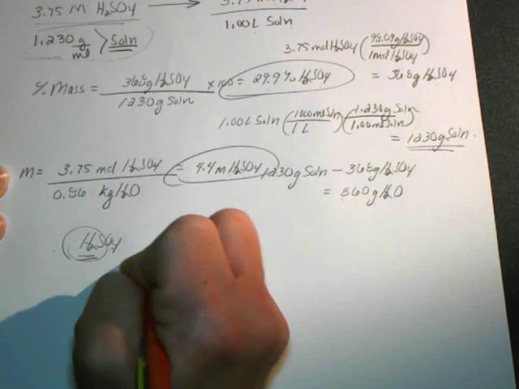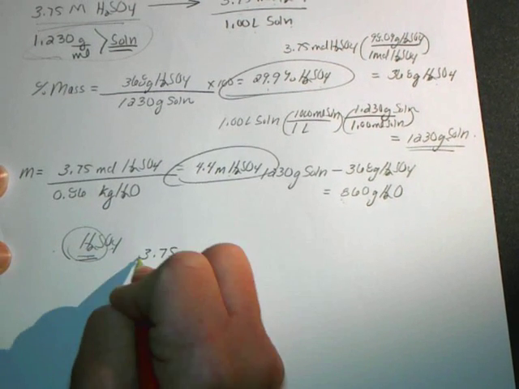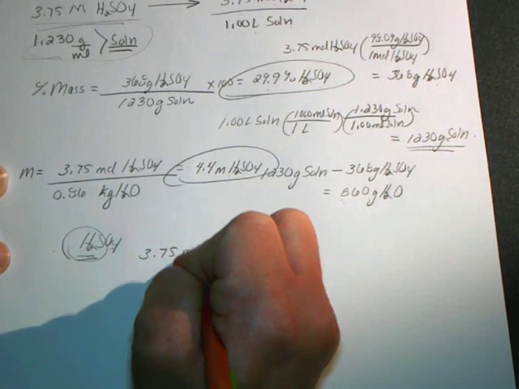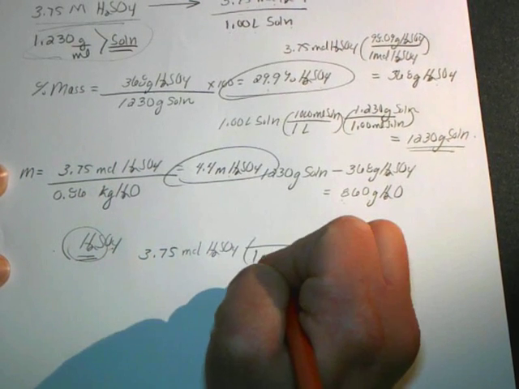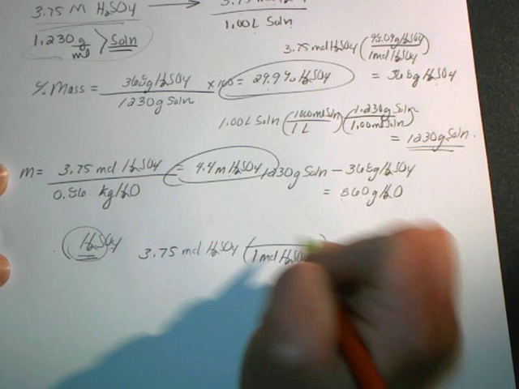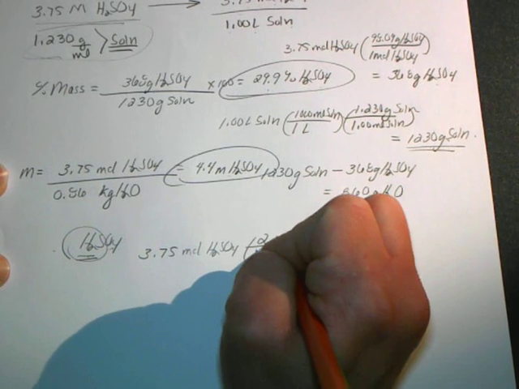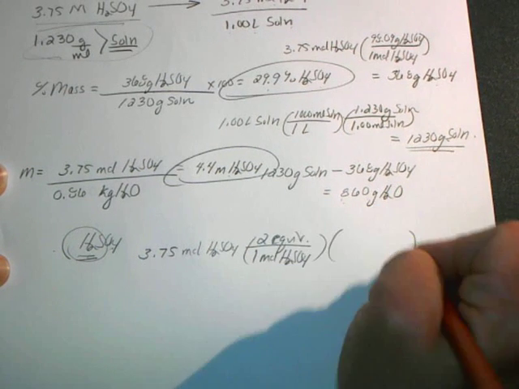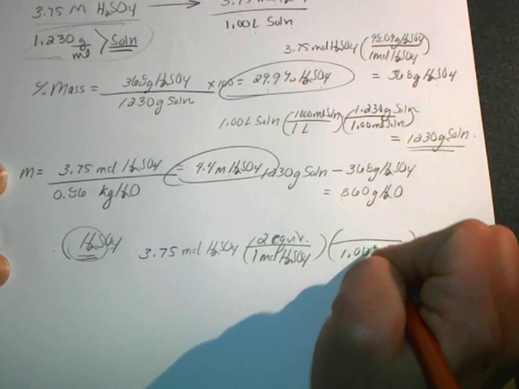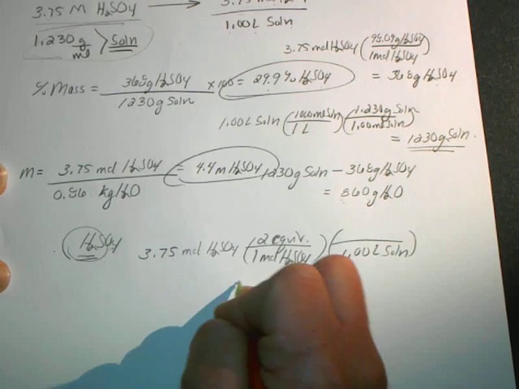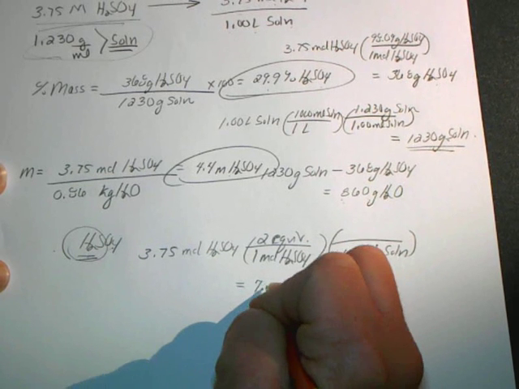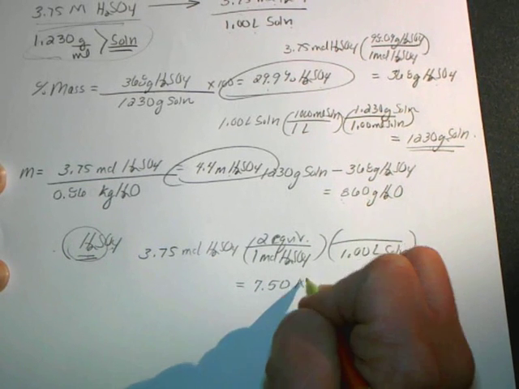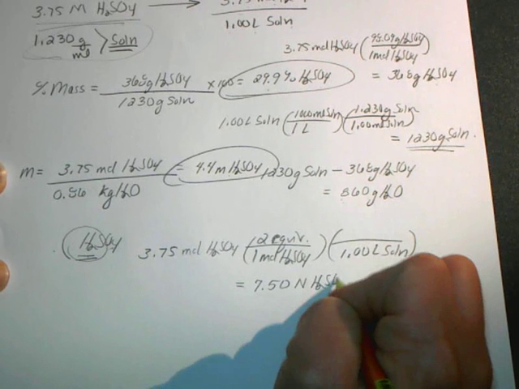So if I am continuing with the assumption that I have 3.75 moles of H2SO4, and for every 1 mole of H2SO4, there are 2 equivalents, and I'm running with the assumption of 1 liter of solution, well then it will be a normality of 7.50 normal H2SO4.